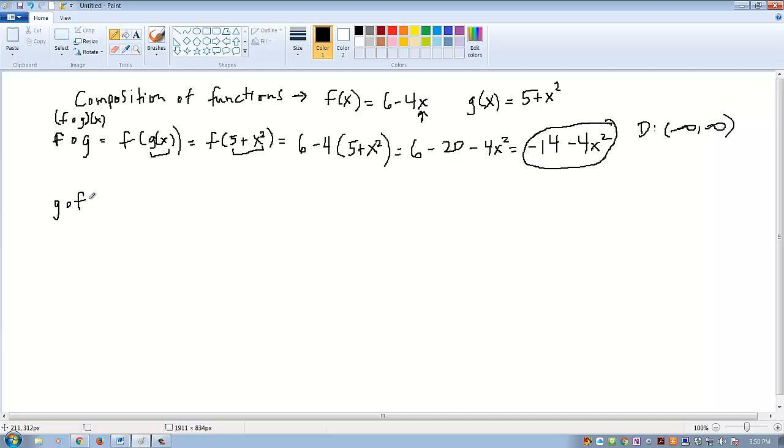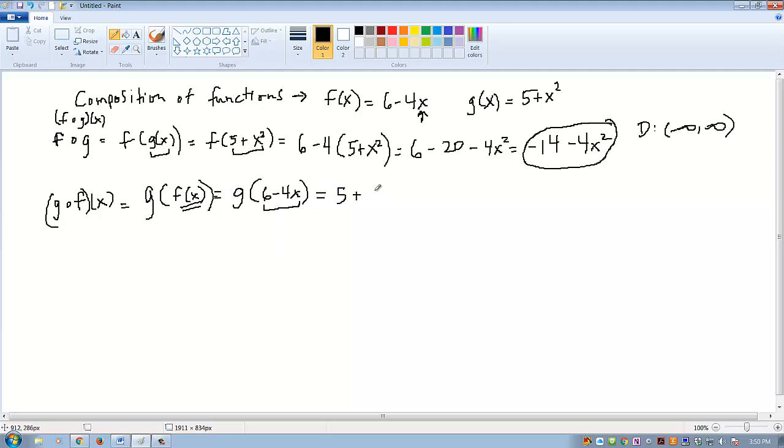Now, for g of f, let me just write in the x because I prefer it like that. This is where we have g of f of x. Now, this one's going to be a little bit harder, and I'll show you why. Here's my f of x. I'm putting it in: 6 minus 4x. So this whole thing goes in everywhere there's an x in g.